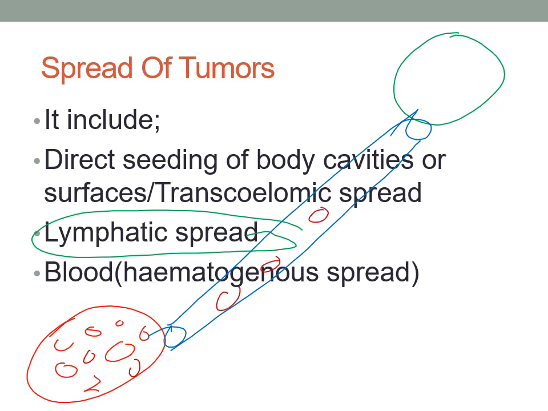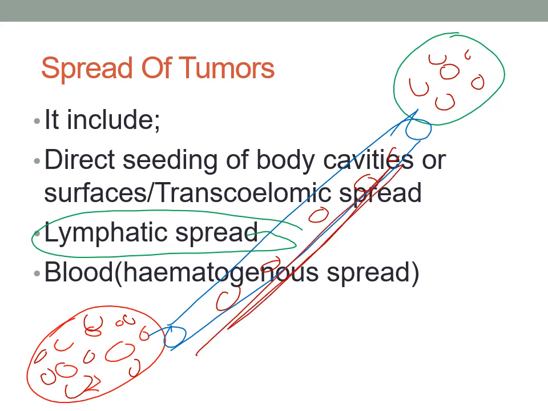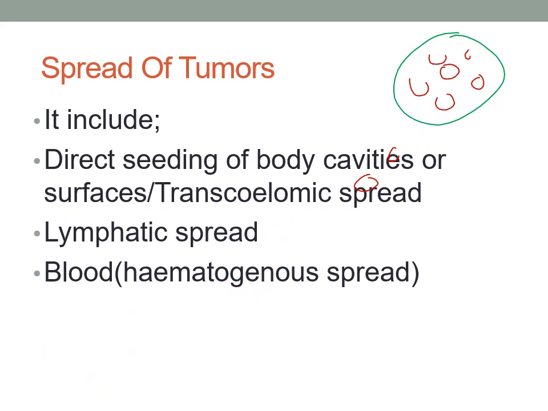These are the cancerous cells. They spread from mutated or neoplastic organs to the organ which has no mutation. You find that this organ also has cells which are mutated because they have spread through the lymphatic system. This is what we call lymphatic spread.